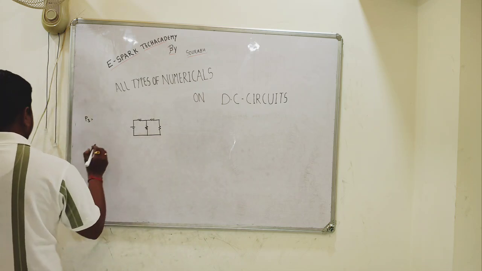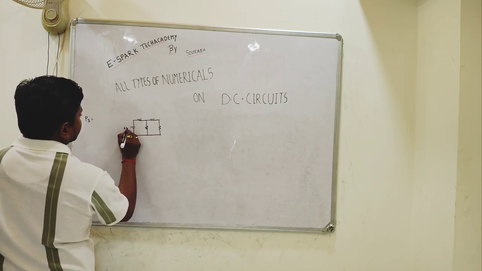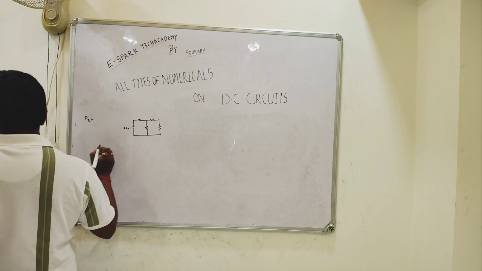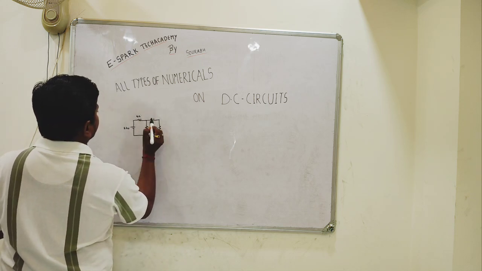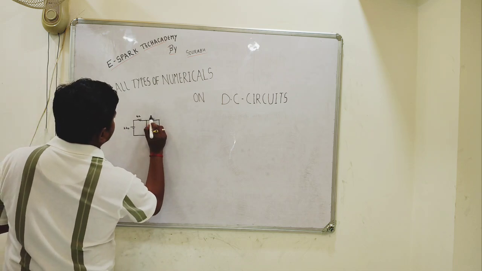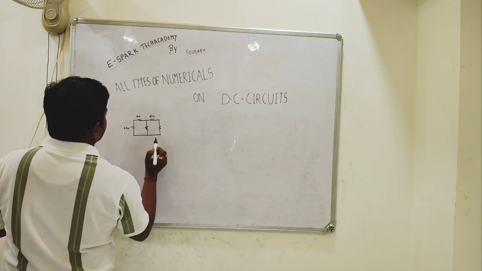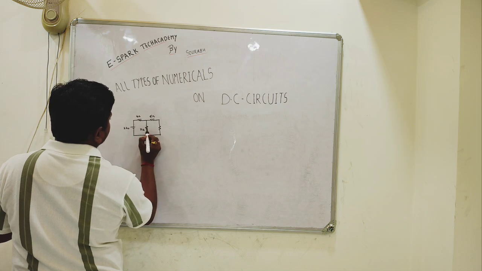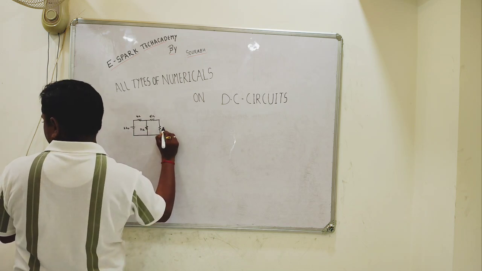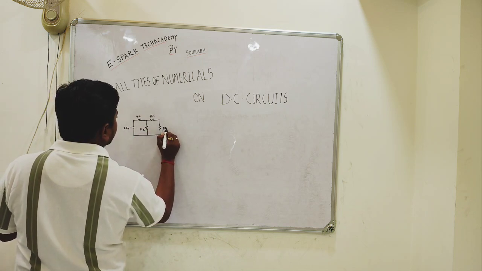In the circuit diagram, 24 volt supply is already given, 4 ohm resistor, 6 ohm resistor, 12 ohm resistor and 8 ohm resistor.